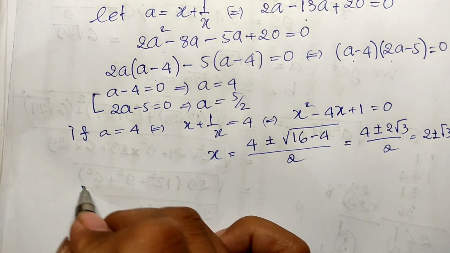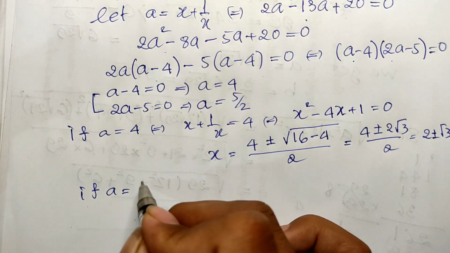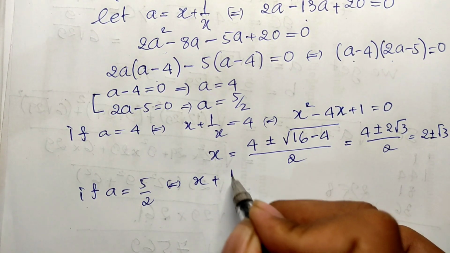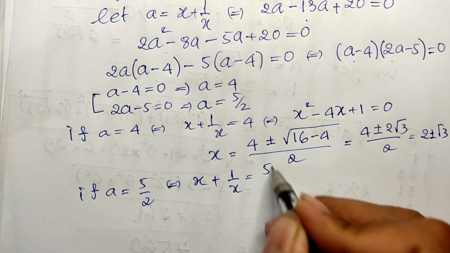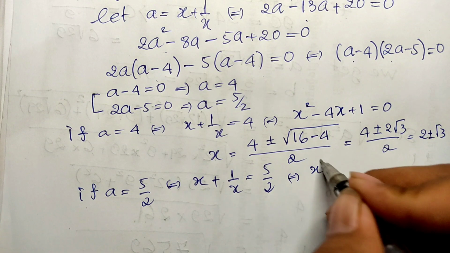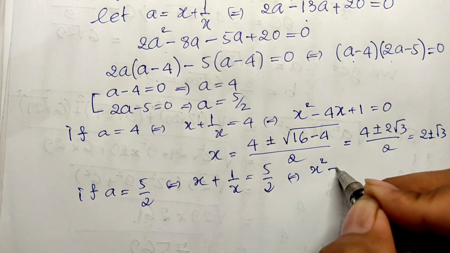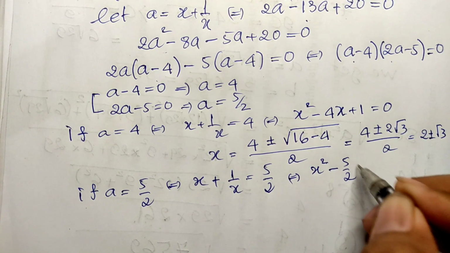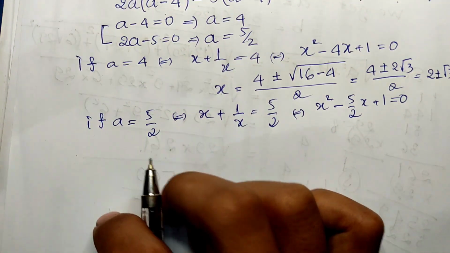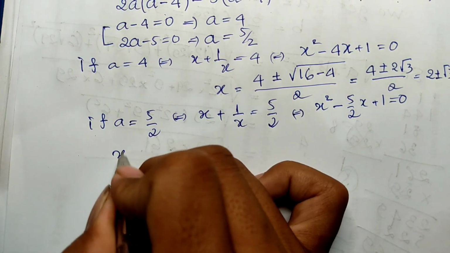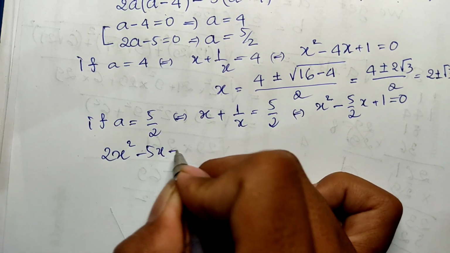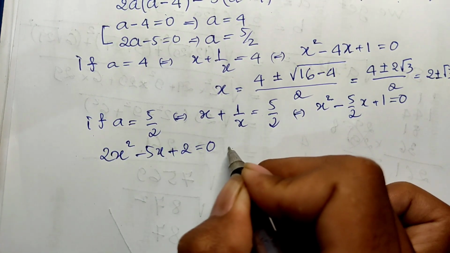And if a equals 5 divided by 2, I get h plus 1 divided by h equals 5 divided by 2. So we get h squared minus 5 divided by 2 h plus 1 equals 0. We can also write this equation as 2h squared minus 5h plus 2 equals 0.